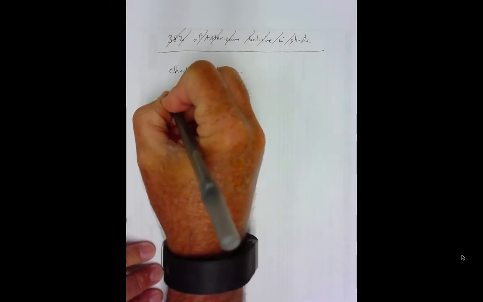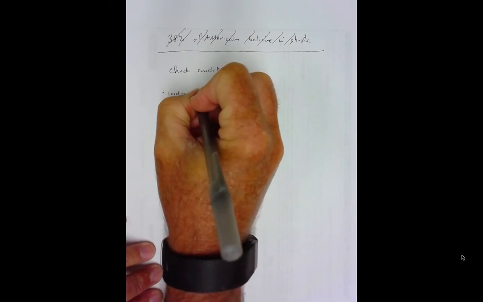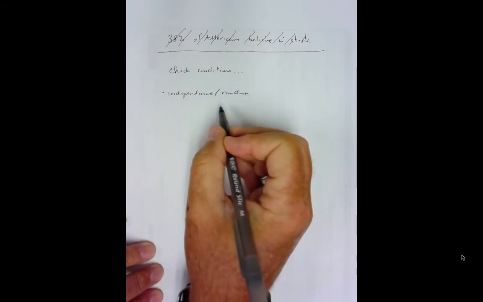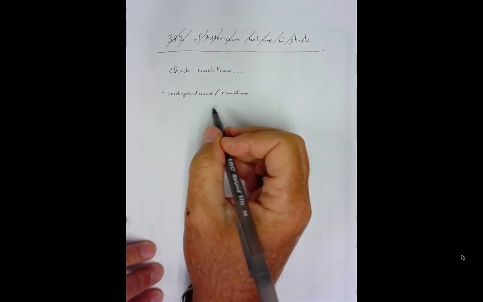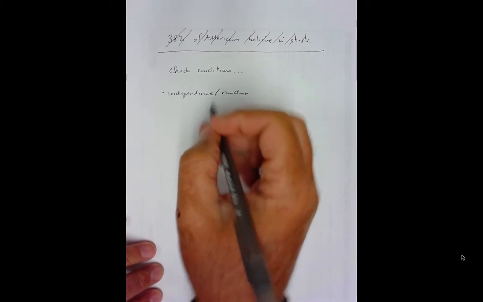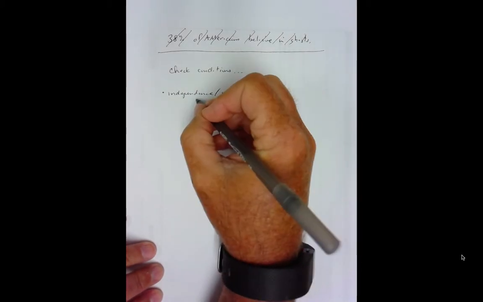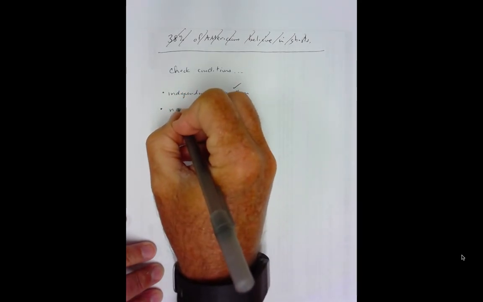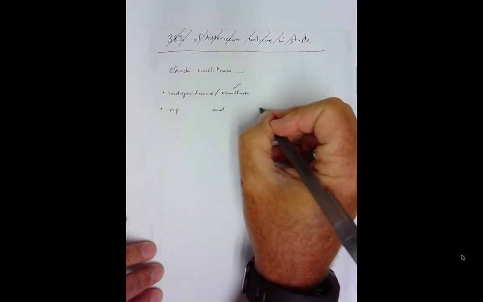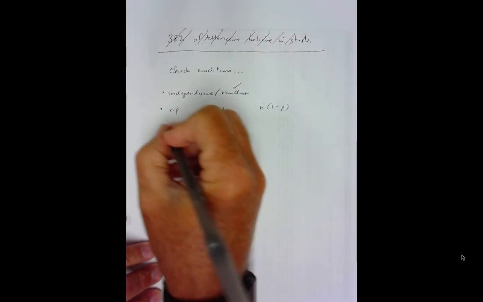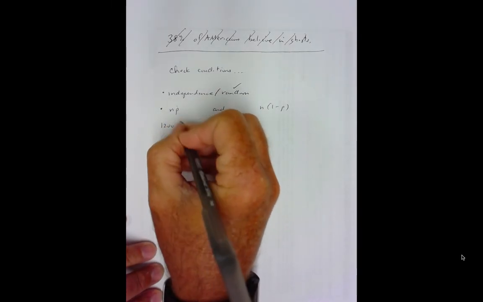First of all, we need independence and random. Well, the randomness was given in the problem. I'm sorry, it said a random sample of 1,200 was selected. So, guys, we have randomness. We'll just assume that we have independence. Next thing is we need np and n times 1 minus p, both to be bigger than 10. Well, guys, the n was 1,200. p was 0.38.